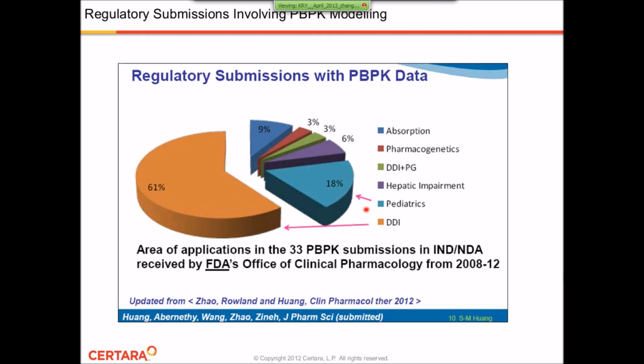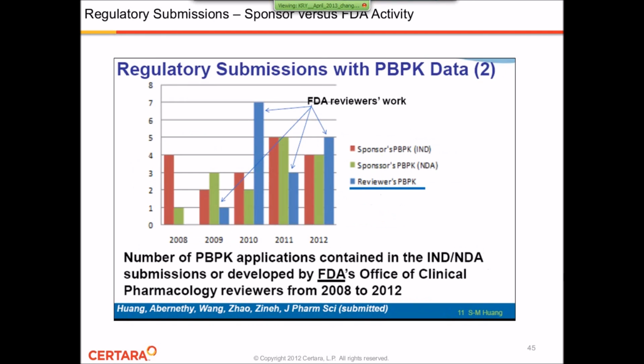So this is just to show you the areas of PBPK modeling. In the next slide, what I want to show you is the number of submissions that have been done with PBPK. So this is 2008 and this is 2012.